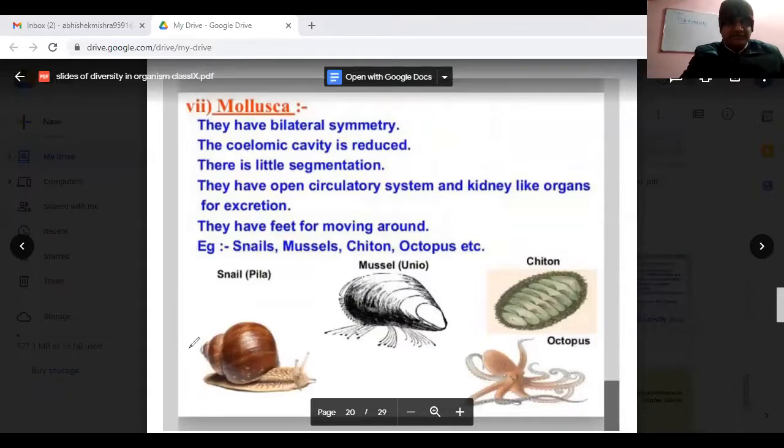If I use the figure, you see what I'm drawing. These are the segments. If we look prominently, in which phylum have we seen that proper segmentation of the body is there, or the name itself, segmented worm, is for which phylum?